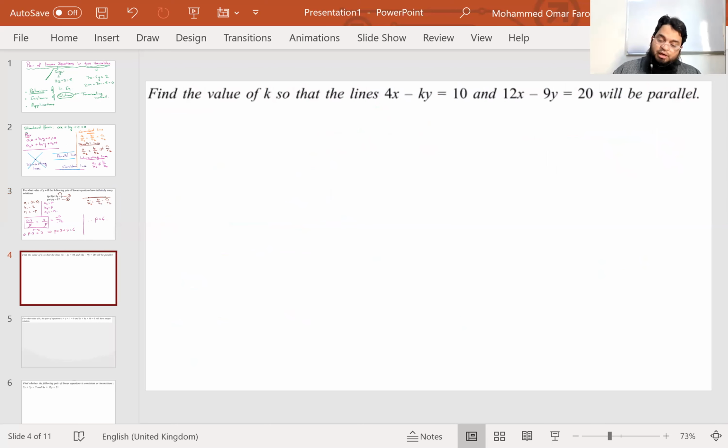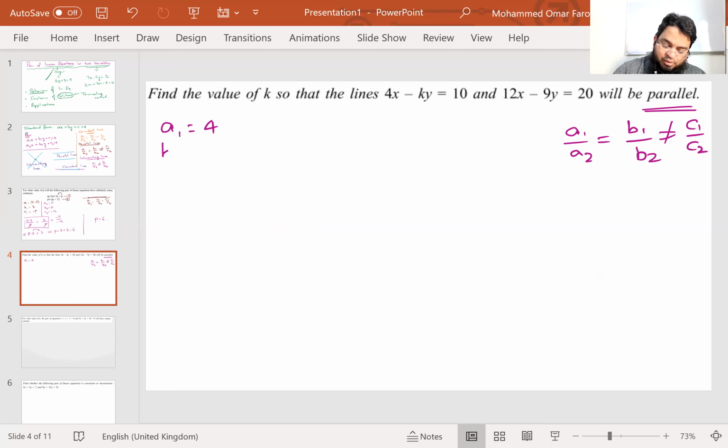Find the value of k so that these two lines will be parallel. When the two lines are parallel, what is the condition? A1 by A2 equals B1 by B2, but it is not equal to the ratio of constants. Is it right? So let us go here. A1 is equal to 4, B1 is equal to minus k, and C1, if we transpose it to the left hand side, will be minus 10.